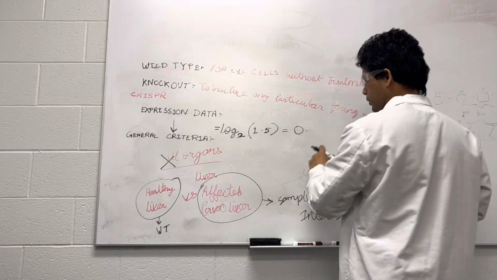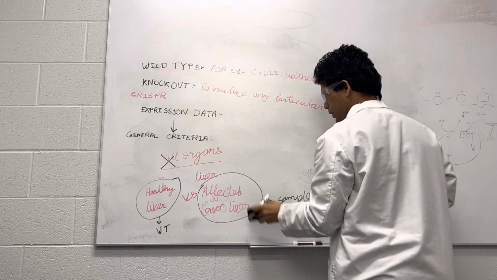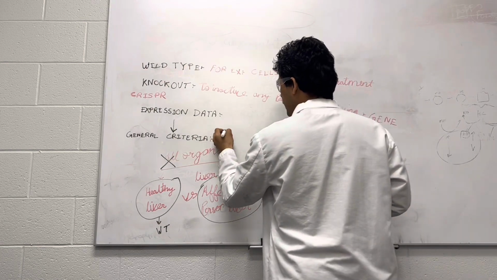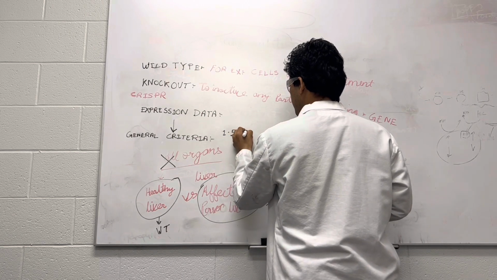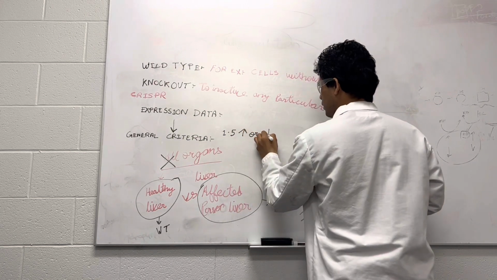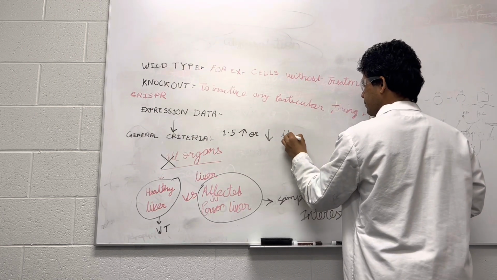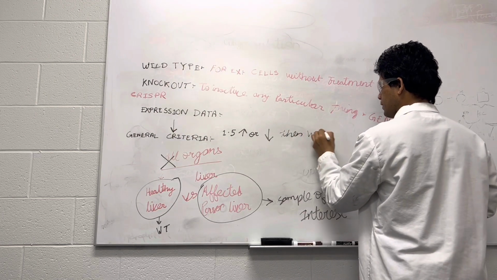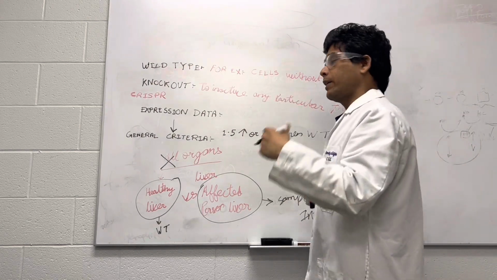I don't know exactly, let me put it more simply. If something is expressed 1.5 times higher or lower than the wild type, then it is considered upregulated or downregulated.